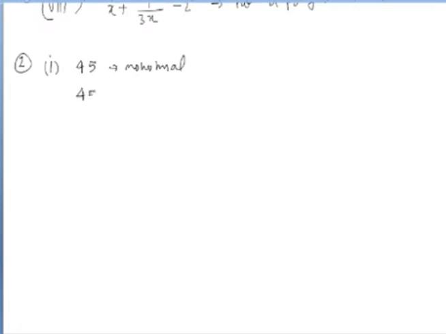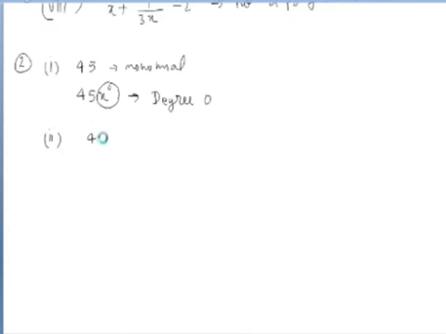We can write this term in this way: x to the power 0, because the value of x to the power 0 is 1, so the degree will be 0. Degree is 0.